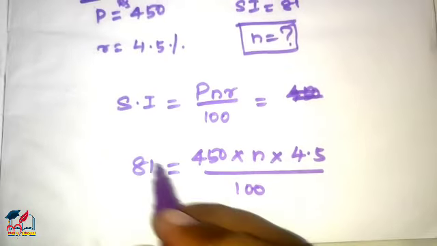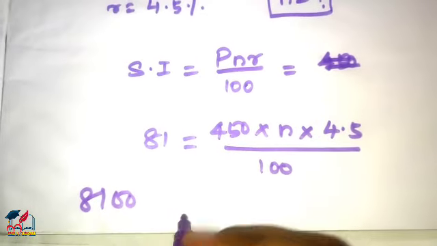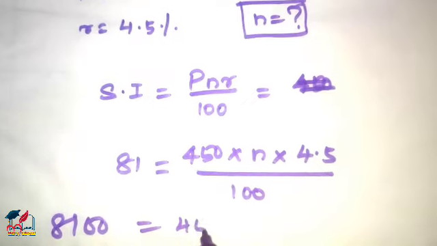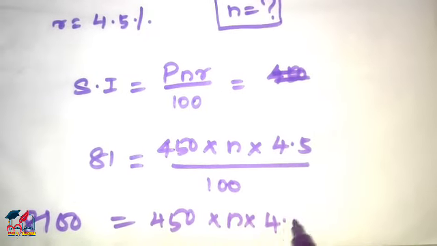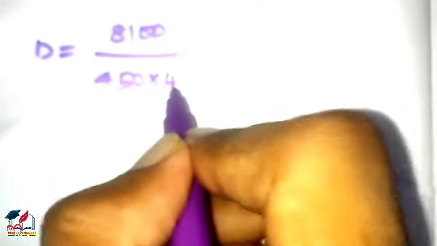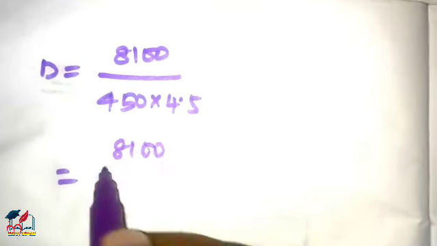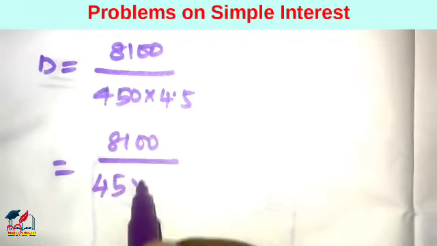Okay. We cross multiply. 8100 is equal to 450 into N into 4.5. So let us calculate N is equal to 8100 divided by 450 into 4.5. 8100 divided by 45 into 45.